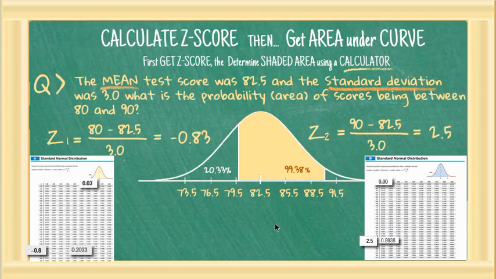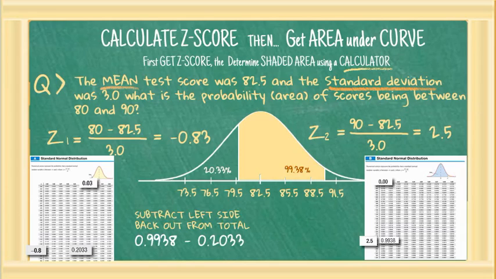So it might be a little misleading because this is not all yellow. This is everything all the way to the left of that line. Now we have to subtract. I take the 0.9938 minus this part here that I don't want to include, the 20.33% or 0.2033, and that subtraction will tell me what's in this yellow area after taking out the 0.2033.